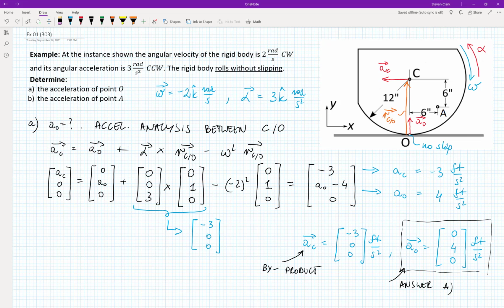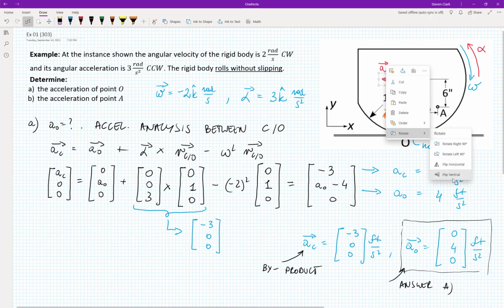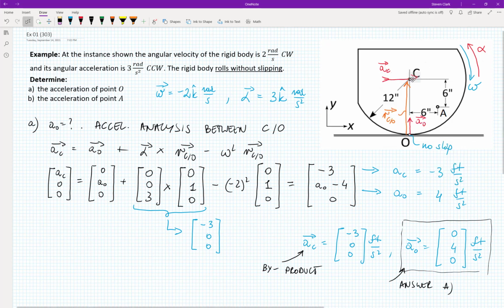Basically, you see that we have no slip in here, and I know that the body rotates that way. So I know that AC will point this way. I will keep my eye on you from now on. Okay, let's flip it. There we go.